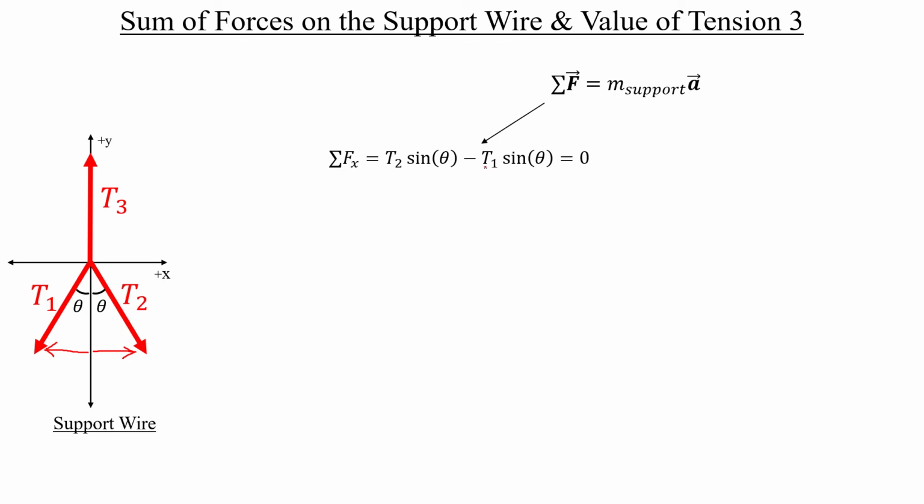Okay, cool. We can flip this piece over to the other side, which tells us T1 sine theta and T2 sine theta are equal to one another. And since sine of theta is just a number, we're taking T2 times some number is equal to T1 times some number.